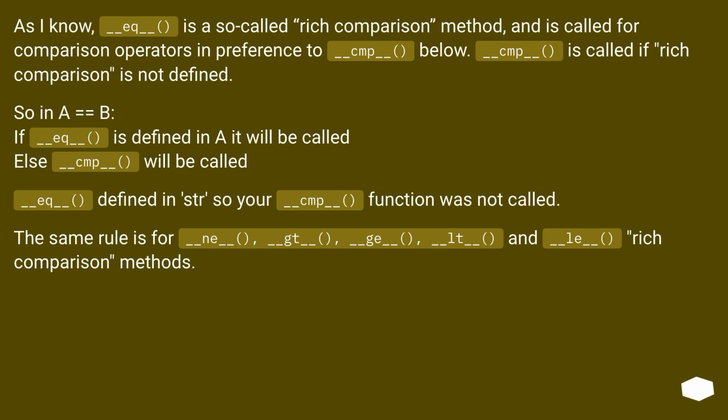Else __cmp__ will be called. __eq__ is defined in str, so your __cmp__ function was not called. The same rule is for __ne__, __gt__, __lt__ and the other rich comparison methods.